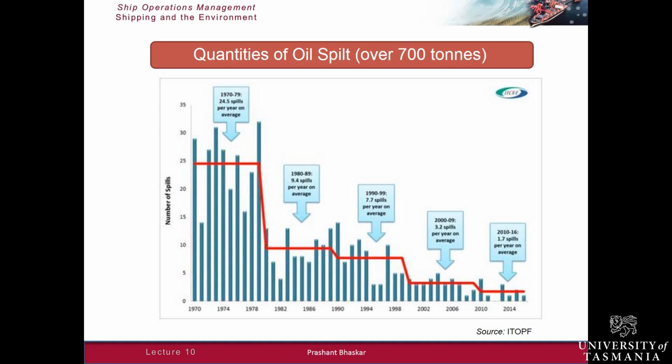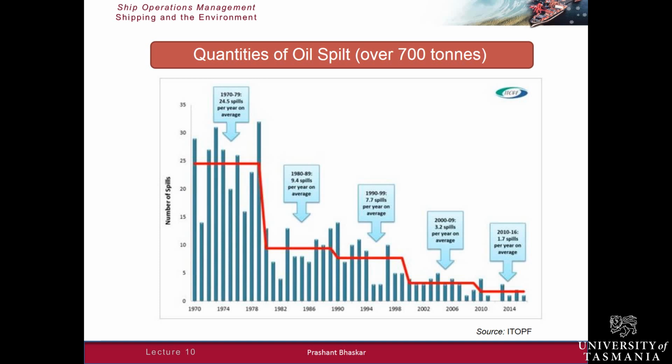And what is quite apparent here is that the number of large spills has decreased significantly during the last 45 years or so, such that if you look at the last decade, the average number of major oil spills per year is less than three.